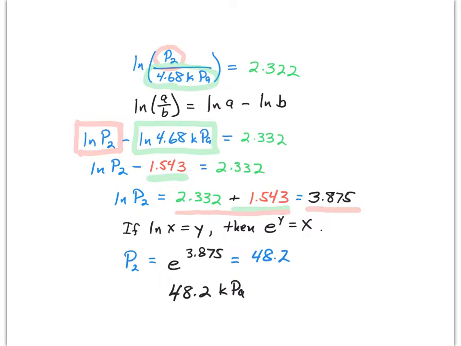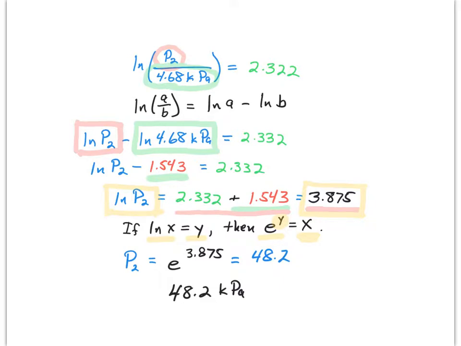And so we get an expression that says that the natural log of our second pressure is equal to this number. So we have a natural log equaling a number, right? And so if we remember our log rules, if the natural log of a number equals another number, then that means e raised to that second number is equal to the first number, right? So that means our pressure 2, right?